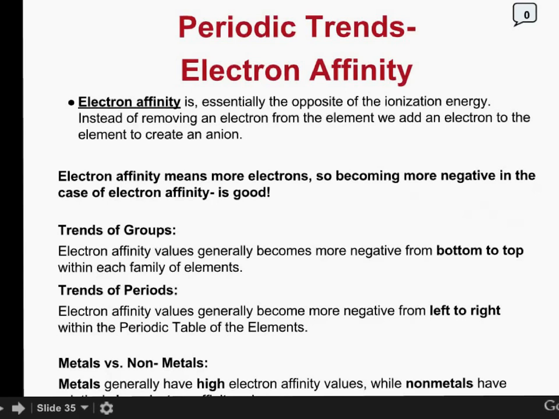Therefore, the trend for the group is still bottom to top, left to right. And metals are high and nonmetals are low. I think actually that's the opposite of the other ones. Yeah, it is. Metals are high, nonmetals are low. But the trend, notice, is the same: bottom to top, left to right, because becoming more negative is good.